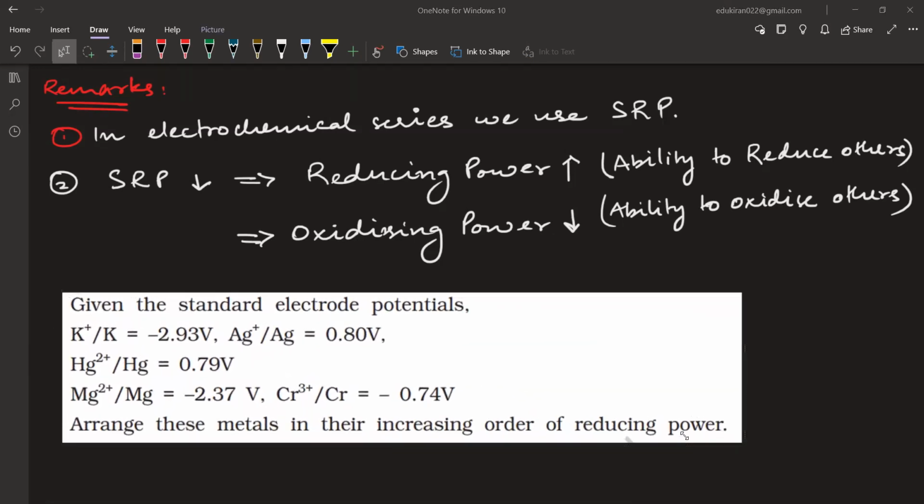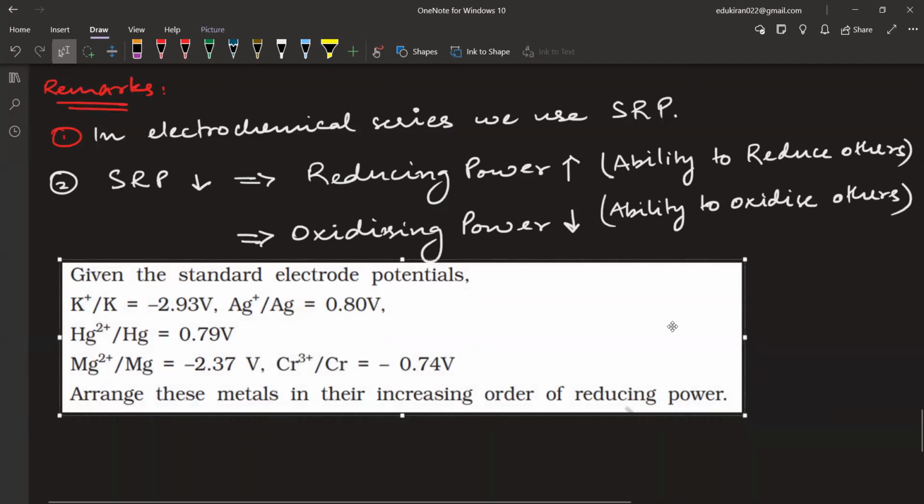Write this question. All of these are what?